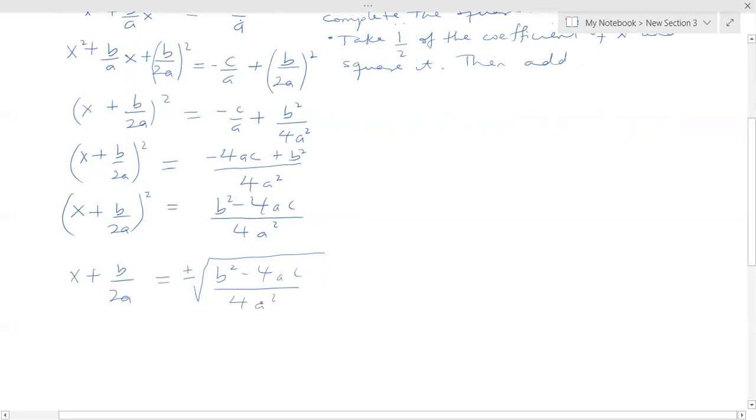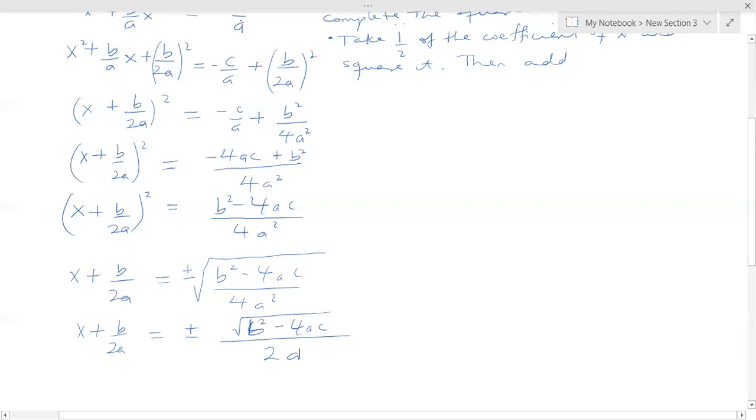Okay. We can take the square root of the numerator and then the square root of the denominator to split and find the square root. So I have x plus b over 2a is equal to plus or minus the square root of b squared minus 4ac over, the square root of 4a squared being 2a. All right. So now I can get x by itself.